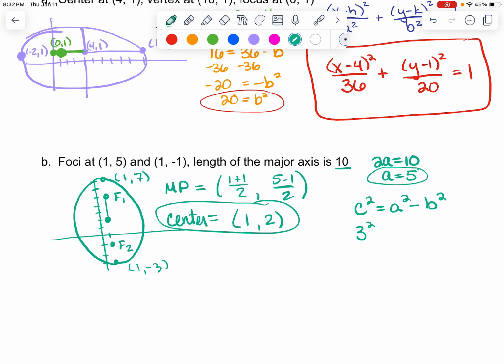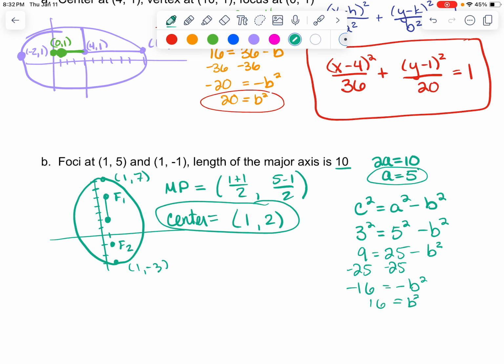So 3 squared equals 5 squared minus b squared. So 9 equals 25 minus b squared. Subtract 25 from both sides. So negative 16 equals negative b squared, and b squared equals 16.